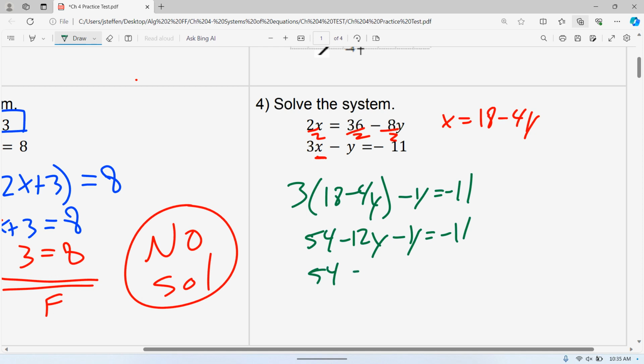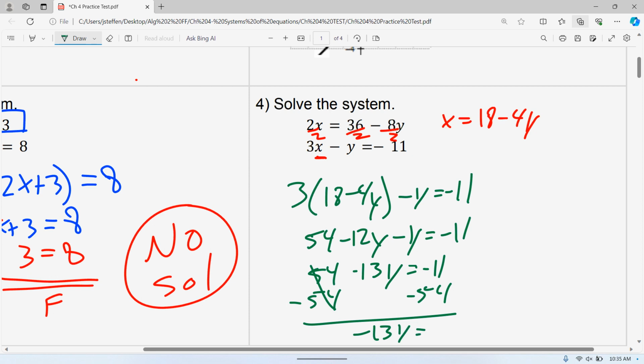Negative 12 minus 1 is negative 13y. And now we have a two-step equation. So subtract 54. I get negative 13y is equal to negative 11 minus 54, which is negative 65. If you divide that 65 by negative 13, you end up getting y is equal to 5.